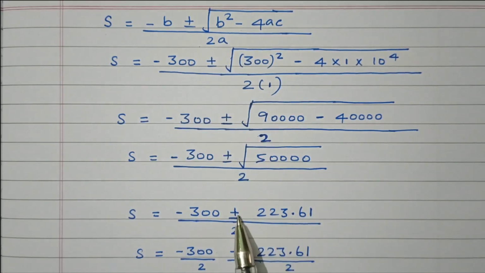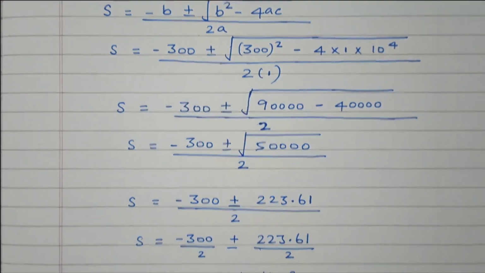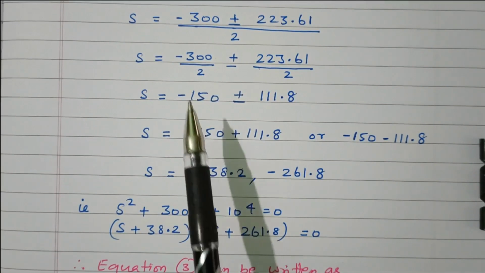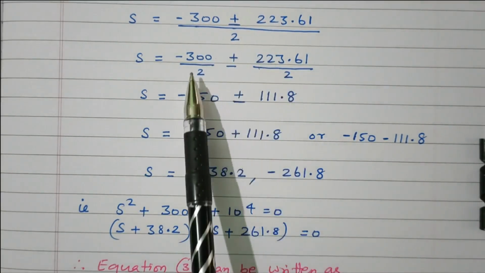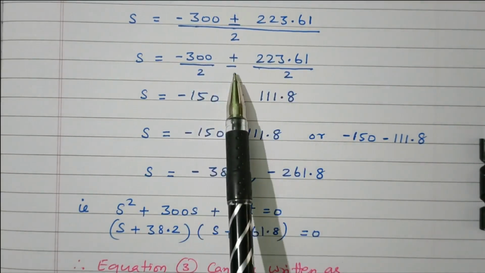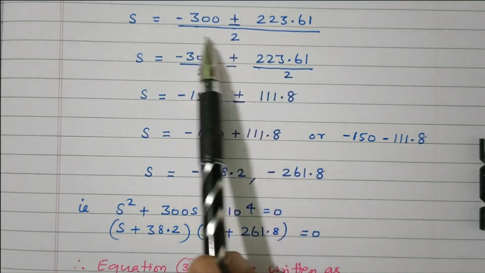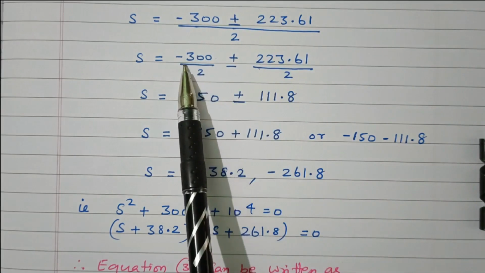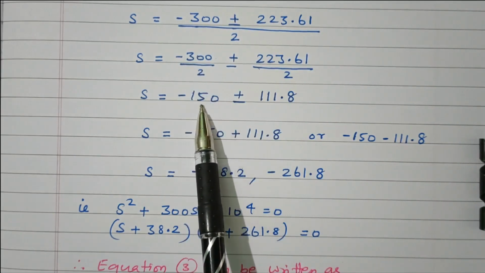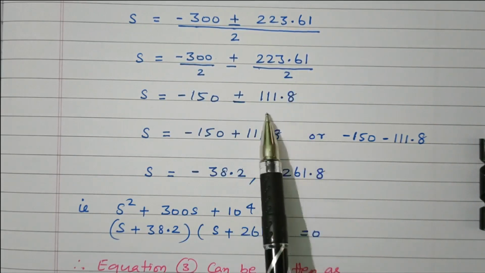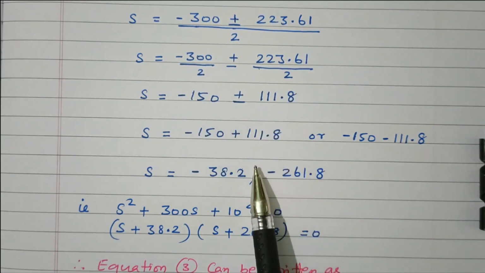Here plus or minus is there, and based on that we will get the two different roots. Now we will split the roots: minus 300 divided by 2 plus or minus 223.61 divided by 2. So minus 300 by 2 is minus 150 plus or minus 223.61 divided by 2, which is 111.8.